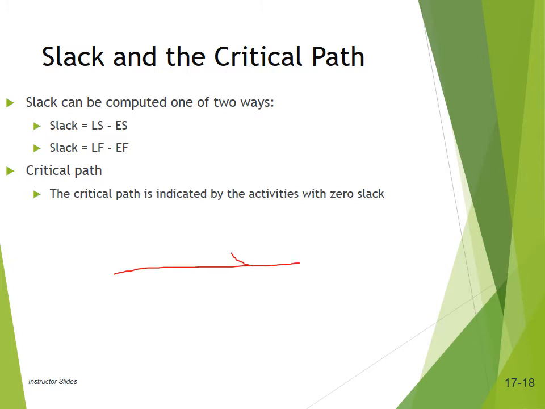So those are called critical activities. These critical activities have got zero slack. There are activities which can be delayed, and they have got certain slack. Now slack can be 3 days, 4 days, whatever.